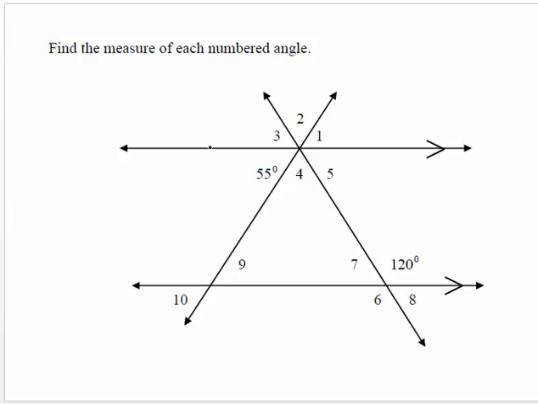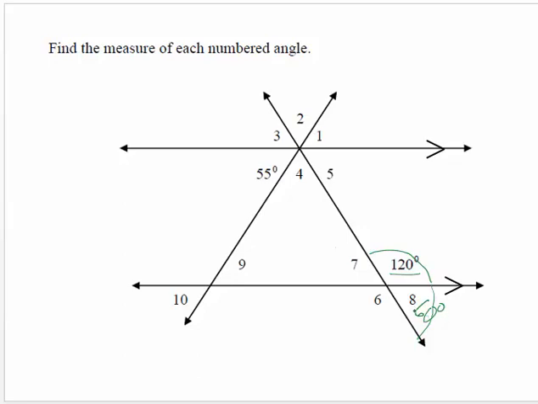Okay, this is an example of a little bit more complex diagram, and don't try to find just any random angle. Like, don't go up to angle 2 and say I'm going to try to find angle 2. What you need to do is start writing down the ones you can figure out. So if you look down here and see that 120 degree angle right here, well, if that's 120, then angle 8 is 60, because these 2 angles right here are supplementary.